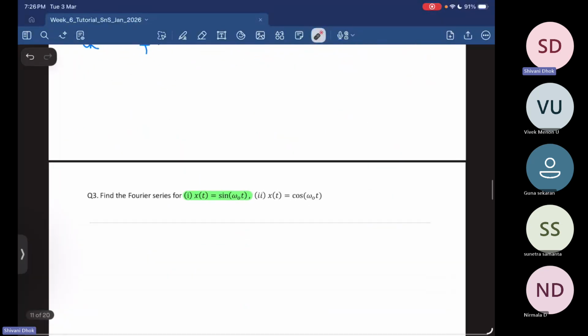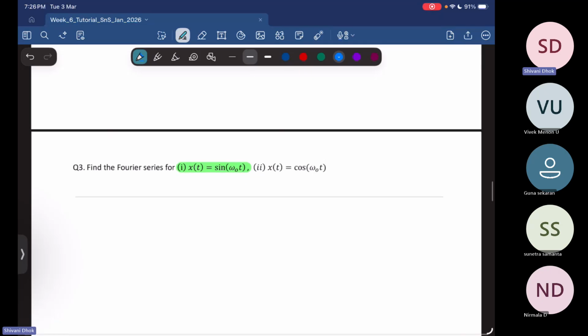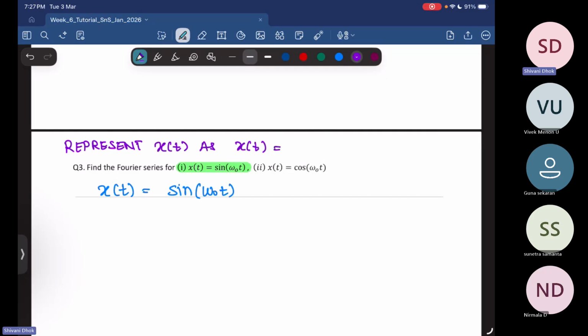So what is the signal given to us? The signal given to us, x of t, is sine of omega naught t, and we want to represent x of t as the summation k running from minus infinity to infinity of ck into e power j k omega naught t.